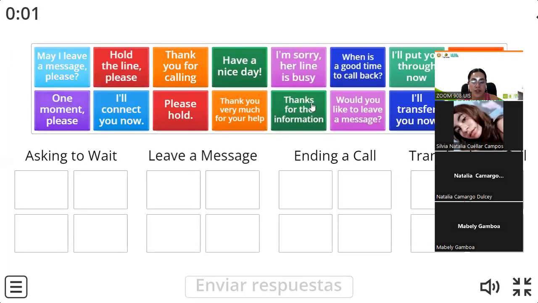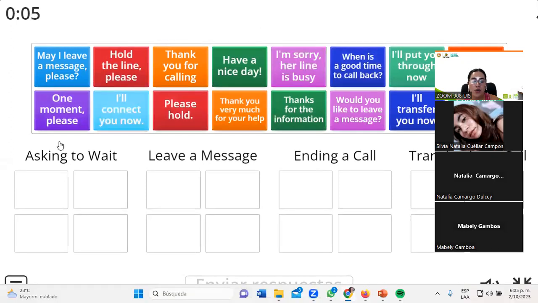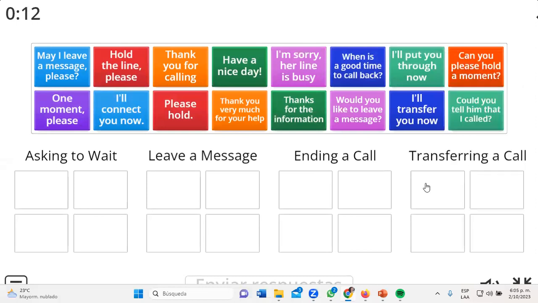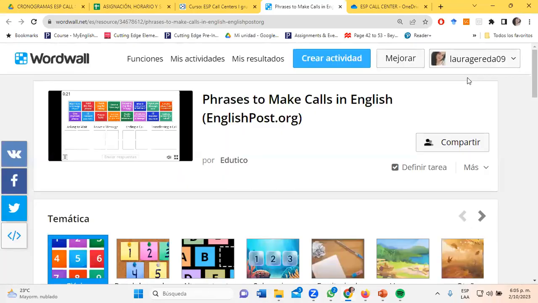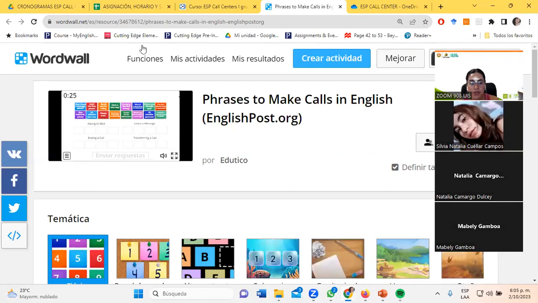You have some useful phrases here, and then you're going to drag them into the correct category: asking to wait, leave a message, ending a call, transferring a call. So which sentence is appropriate in each category, right? Let's take a couple of minutes to complete that, and then we will socialize it and check the attendance for the day.